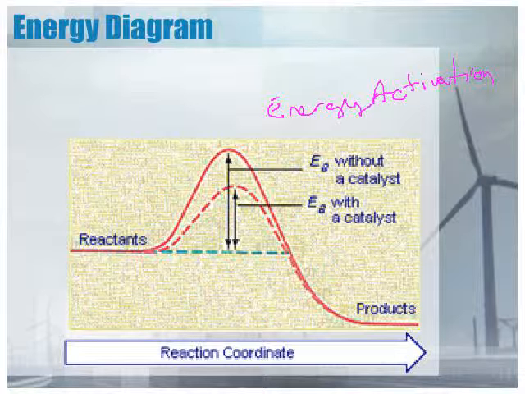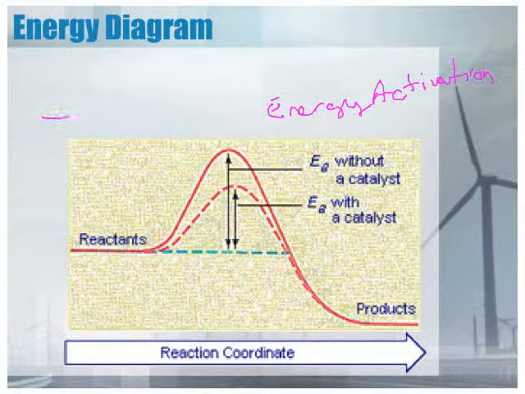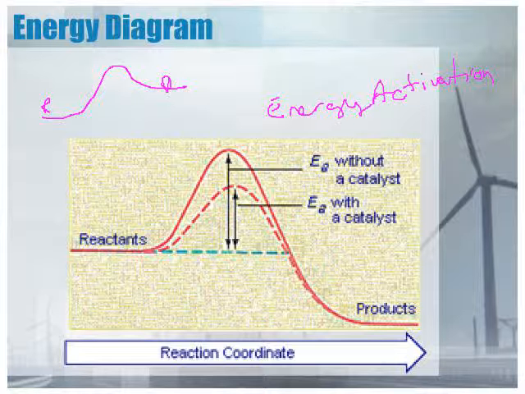This particular reaction is an exothermic reaction because your products are at a lower energy level than your reactants started out at. If we were doing an endothermic reaction, it would look something like this, where your products ended up, and then you have your reactants over here, at a higher energy level. I mean, you've had to put more energy into it to cause a reaction to occur.